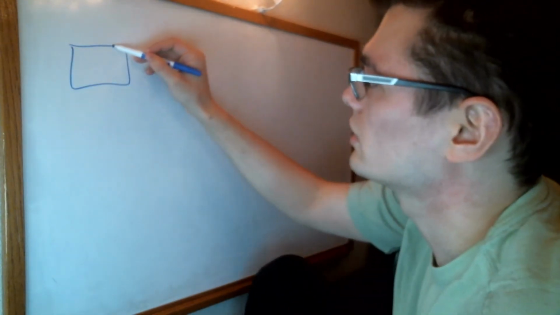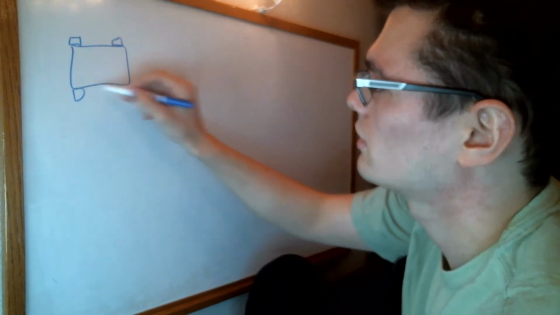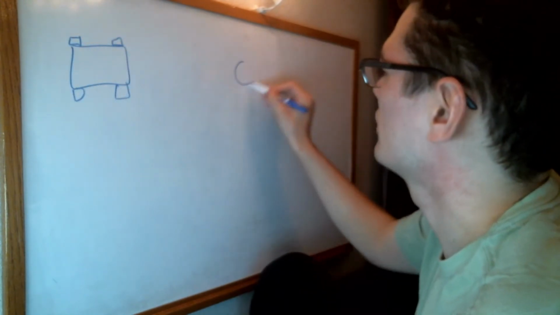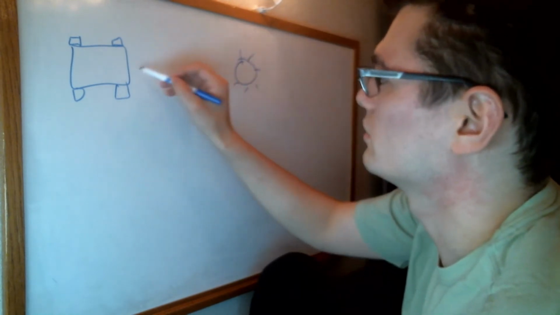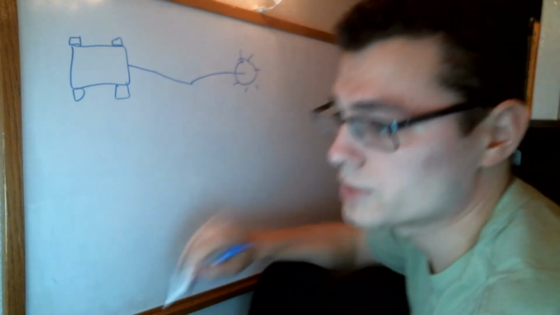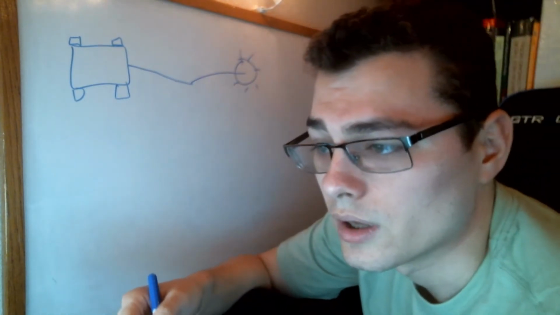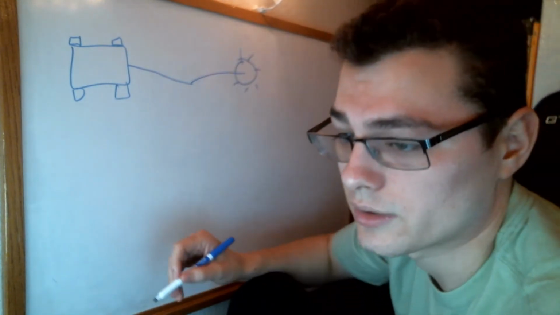I'm just drawing it. Here are the wheels. And we've got our tree over here, and a rope tied around the tree here. And what we want to do is get this car out of the mud.